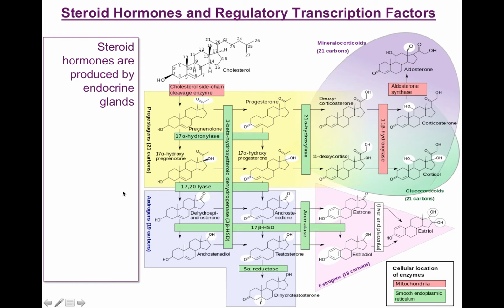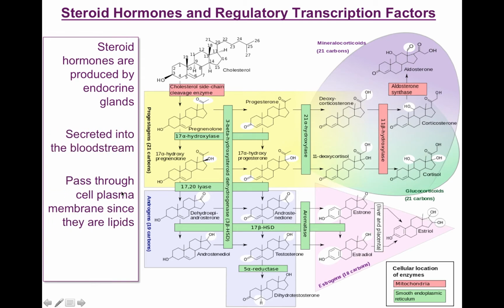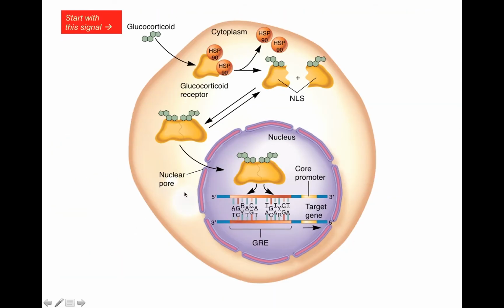Steroid hormones are produced by the endocrine glands and travel in the bloodstream to their target cells and pass through the cell plasma membrane. They only stay in the cell, however, if they find receptors to which they can bind. And then they affect gene expression.